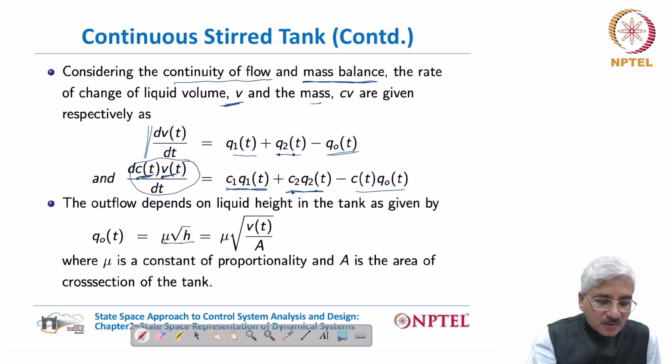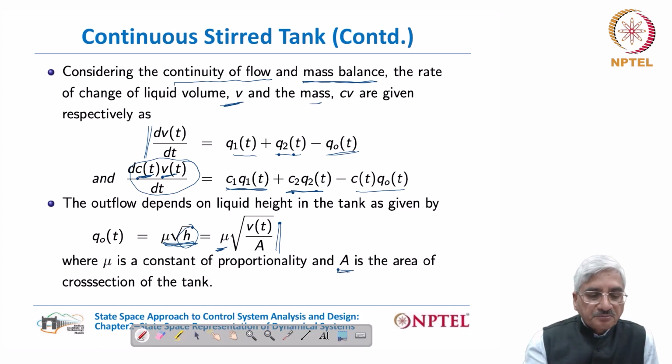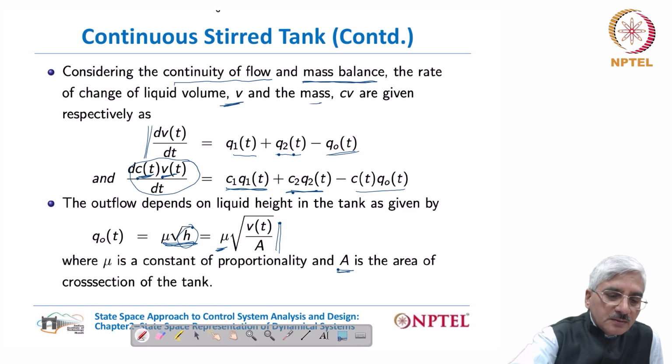So we write this outflow equal to mu into root h, where h is the liquid volume divided by the area of cross section. We make that substitution. So Q0 becomes mu square root of V by A, and mu is the constant of proportionality. Area A is the area of cross section of the tank. We move next.